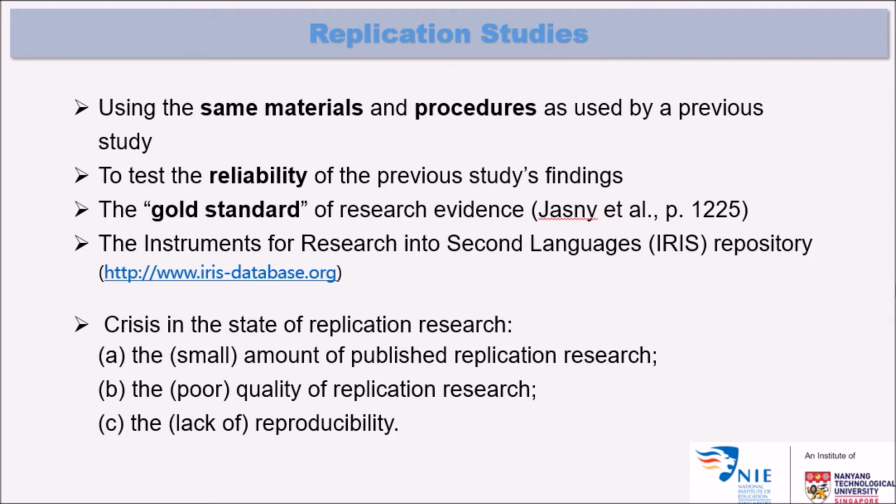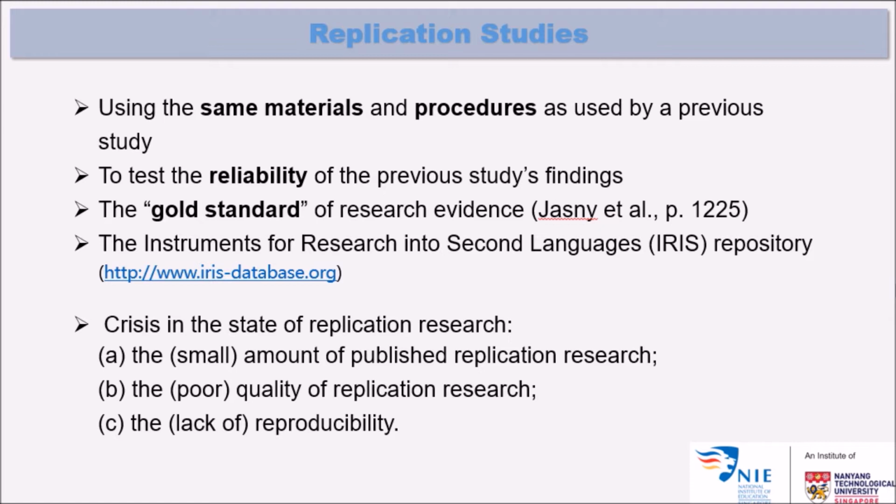When it comes to replication research, some researchers and scholars have warned that there has been a crisis in the state of replication research. This crisis has been explained in terms of three types of limitations.